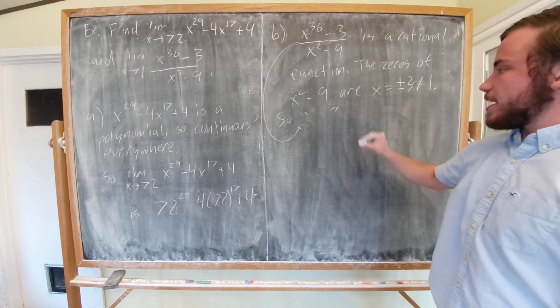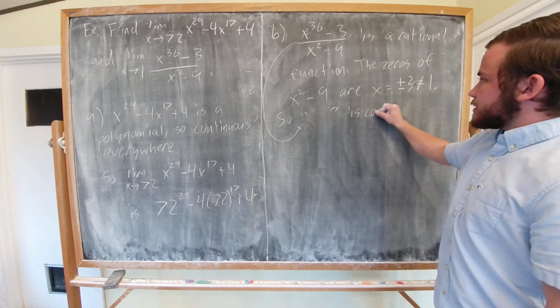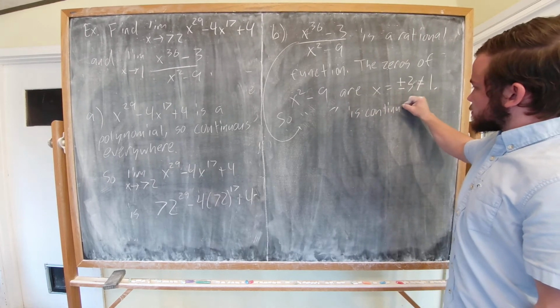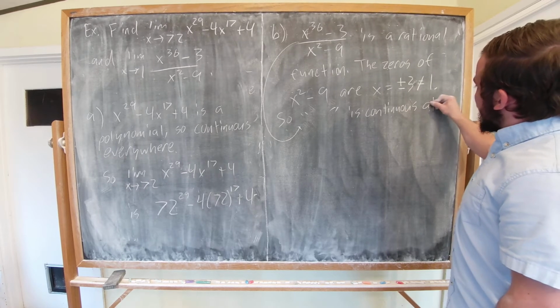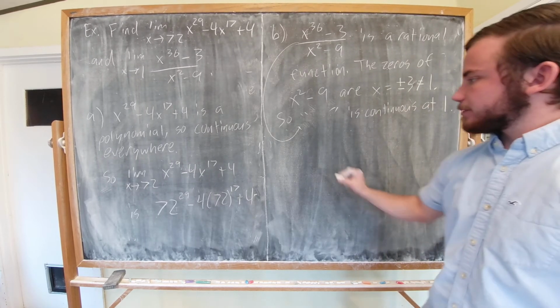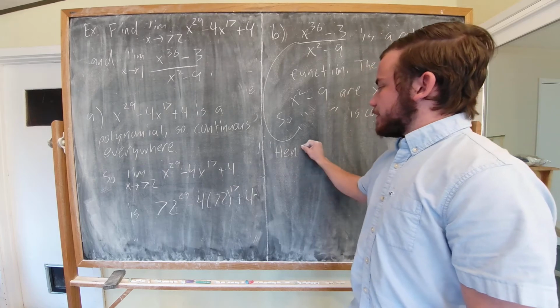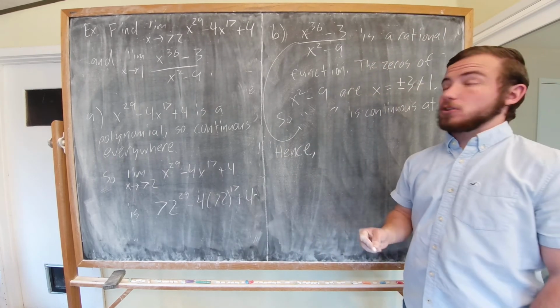So this whole mess is continuous at 1, hence the limit follows easily.